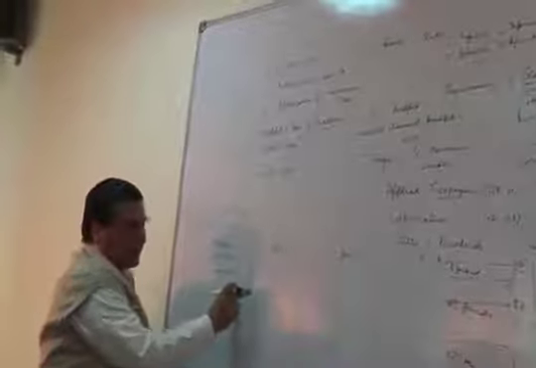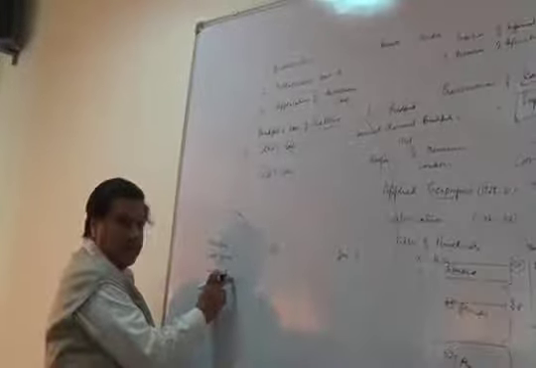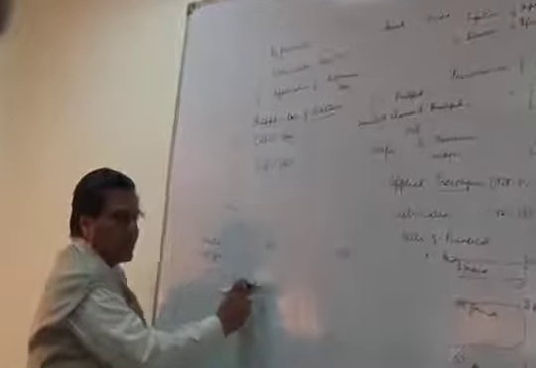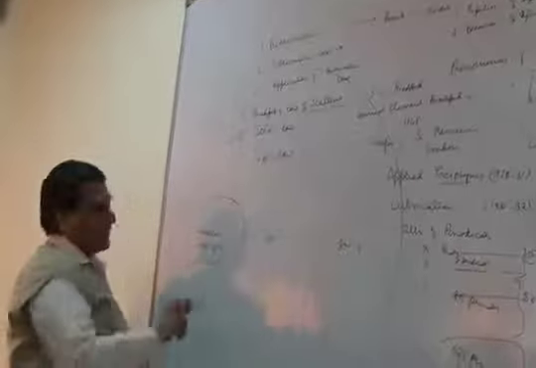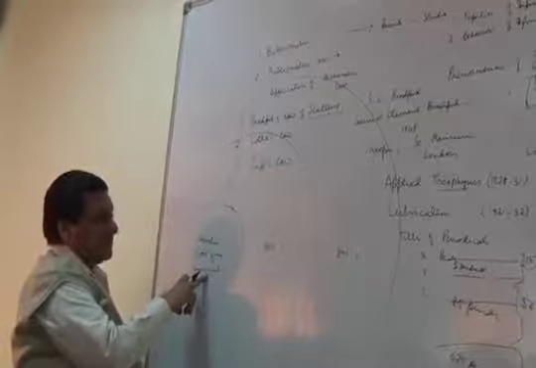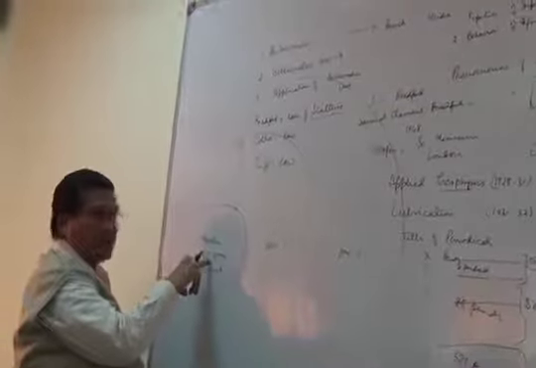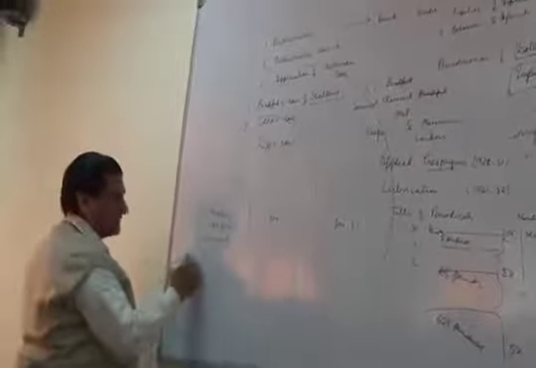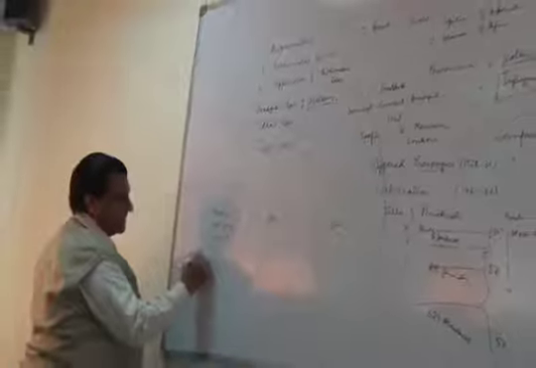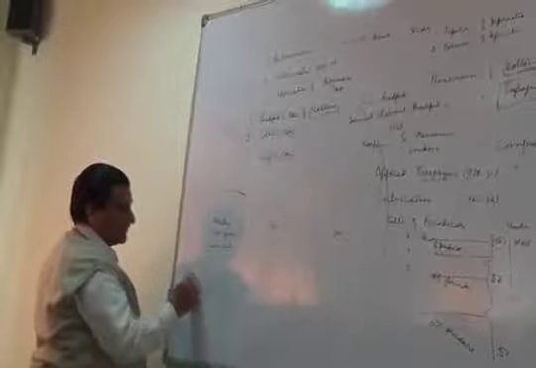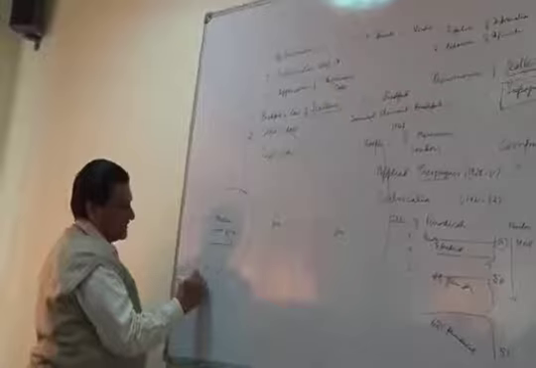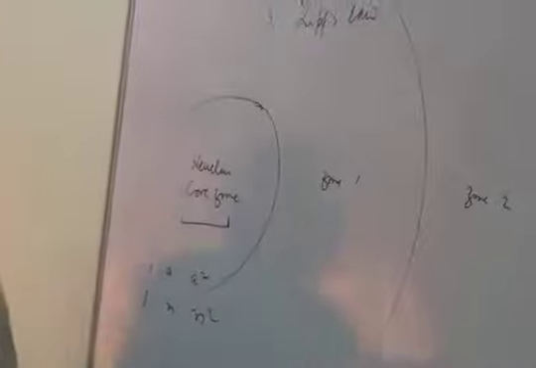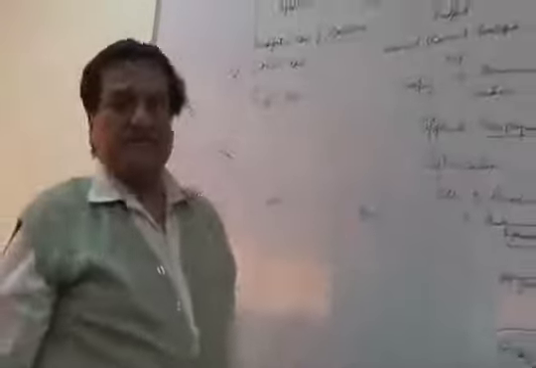And the number of articles produced by these, they are constant in each zone. Then there is a relationship between the number of periodicals appearing in this zone and in this zone. And that is given as 1 is to n square. This is called Bradford's equation.